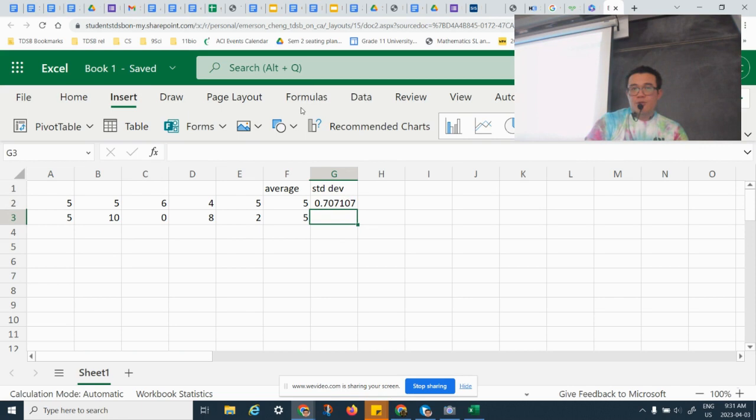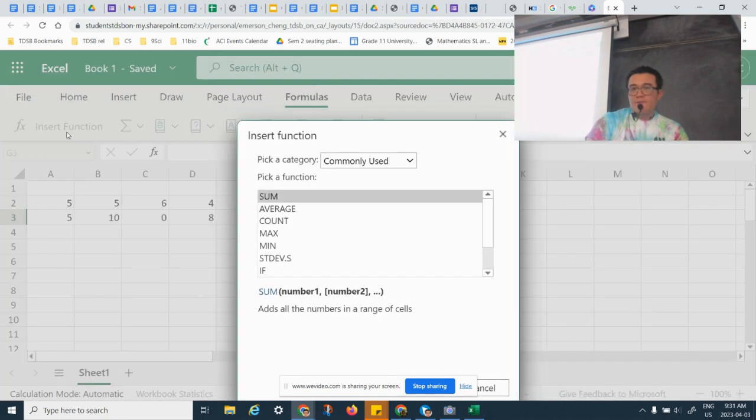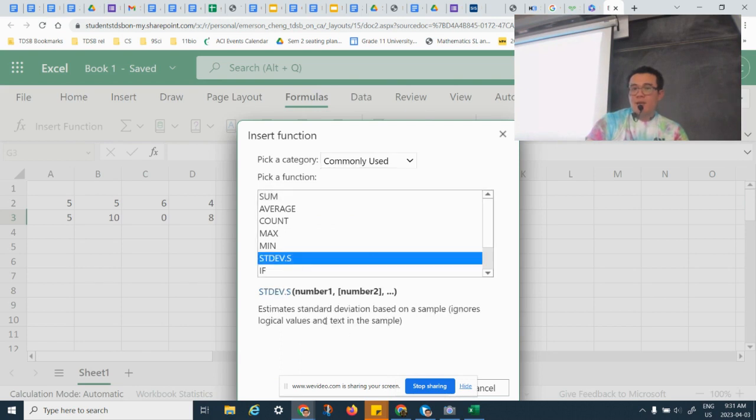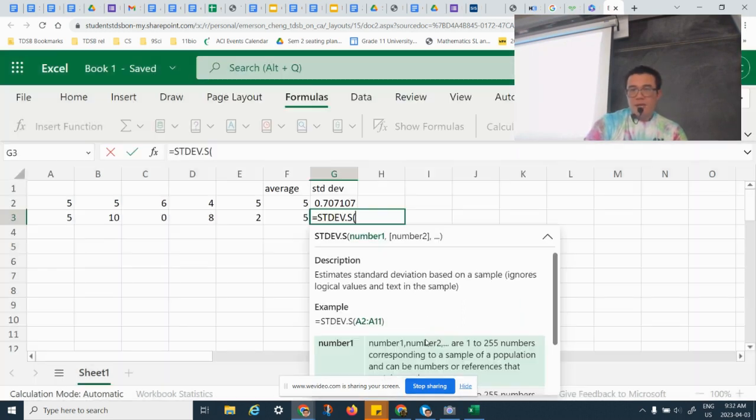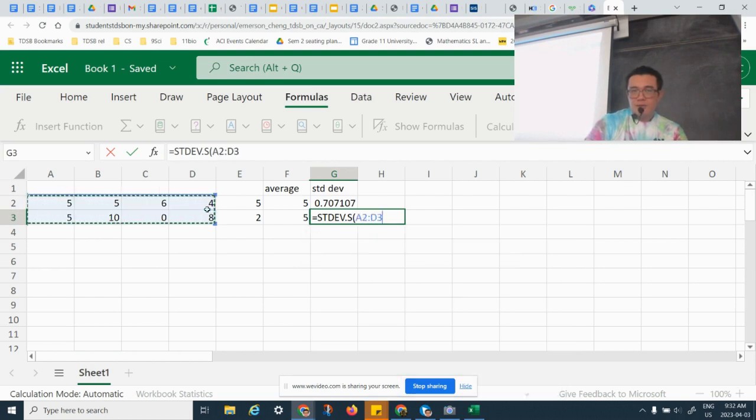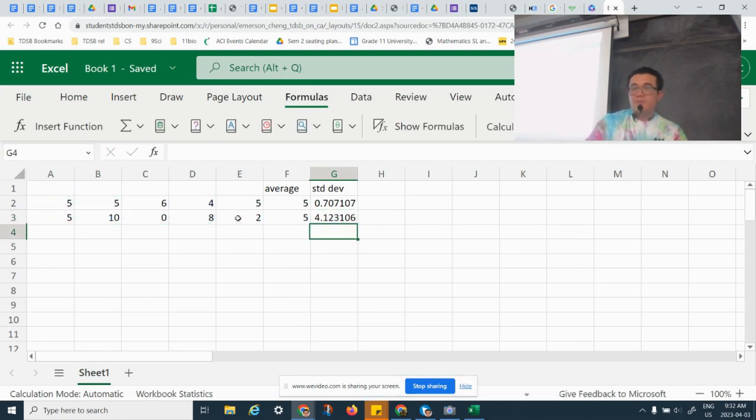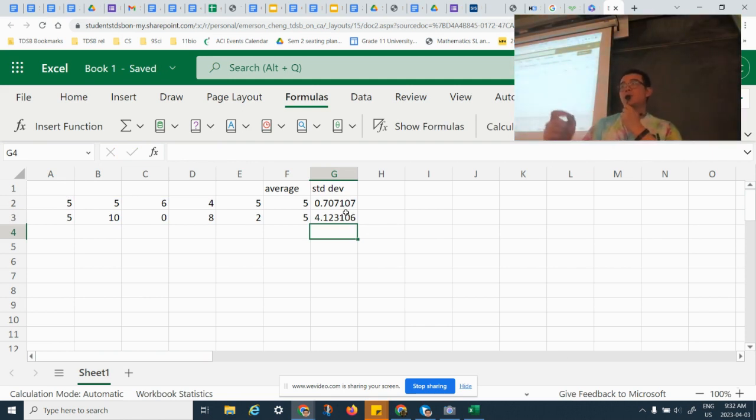So I would insert function, standard deviation dot s for the one for sample, and press OK, drag across here. You guys see how big the numbers difference are? So that's how you would calculate standard deviation using Excel.